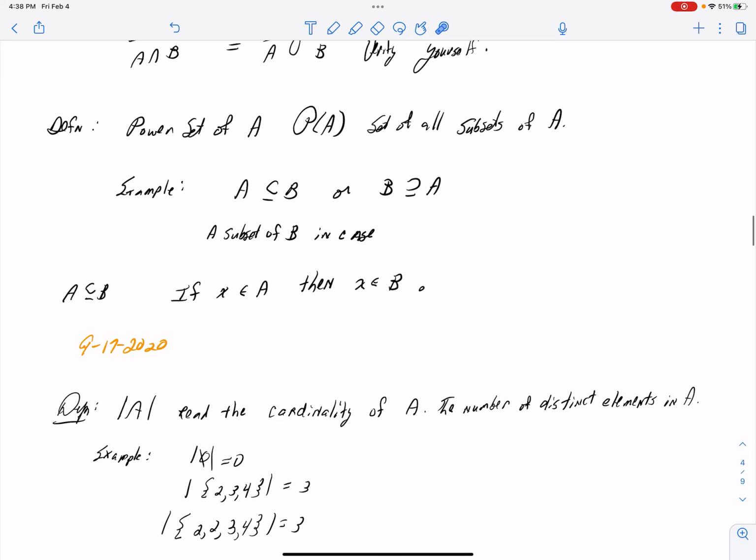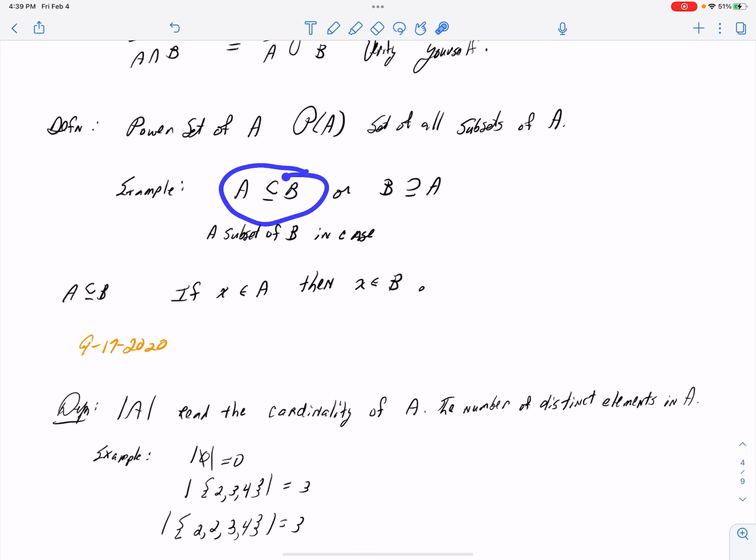What does it mean to be a subset? Well, A is a subset of B, also written like this. Notice how it opens up to the bigger set, like the alligator eats a bigger number with respect to inequalities.